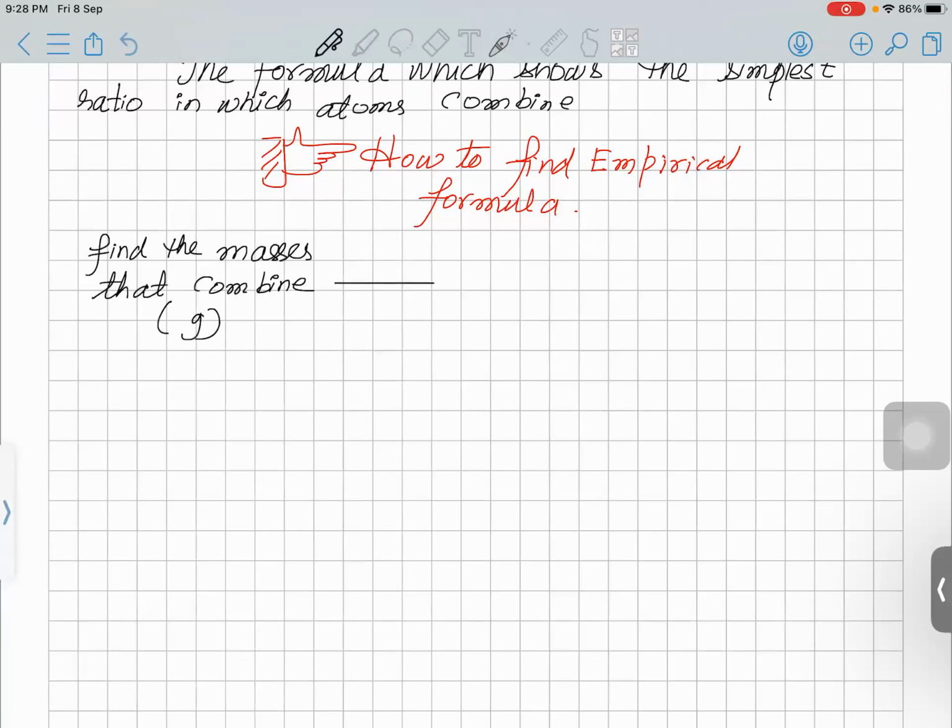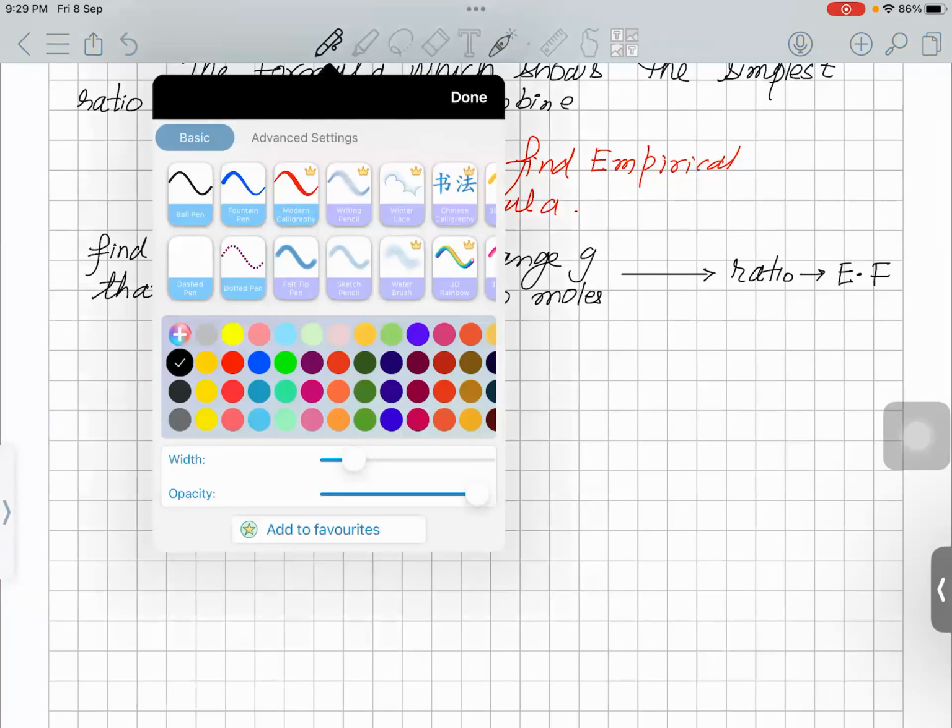Then change grams into moles. Then find the ratio. Then you get the empirical formula.